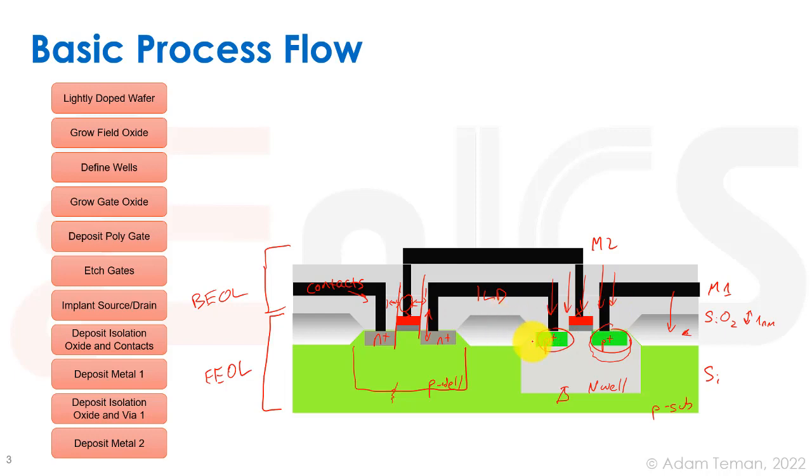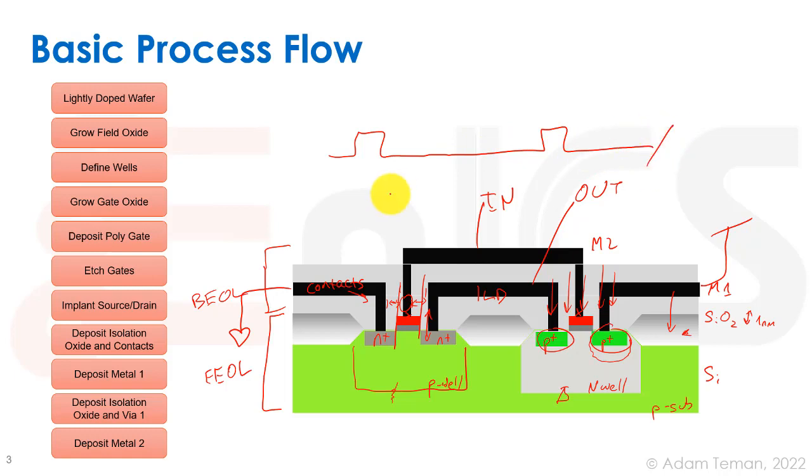But just to show you, this is our V in, this would be our out terminal, this we would connect to VDD, and this we would connect to ground, and we really get our inverter that looks something like this. This is an NMOS, this is a PMOS, this is in, and this is out. Okay, so that's basically our CMOS process.